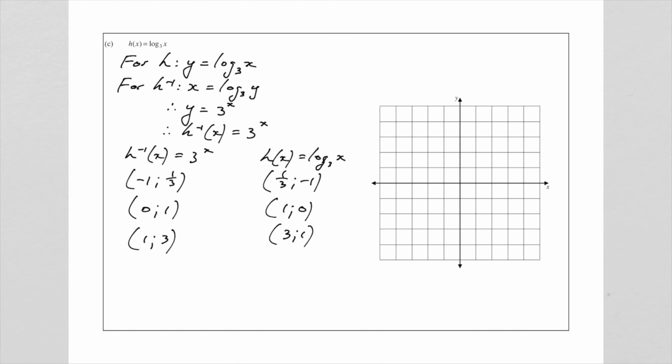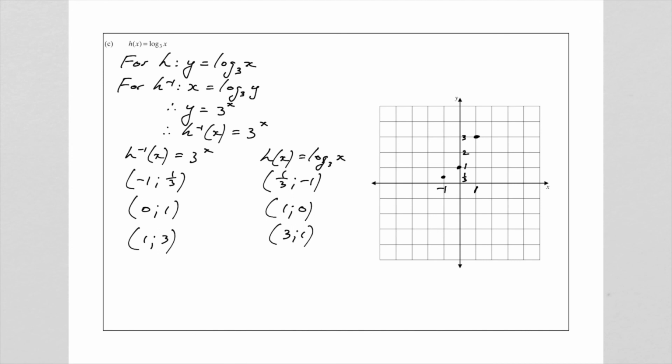So let's now plot these 3 points. And I'm going to start with the points of the inverse function. And that is when x is minus 1, then y is a third. So it will be more or less there. That will be a third. And when x is 0, then y will be 1. So that point is 1. And when x is 1, then y will be 3 right here.